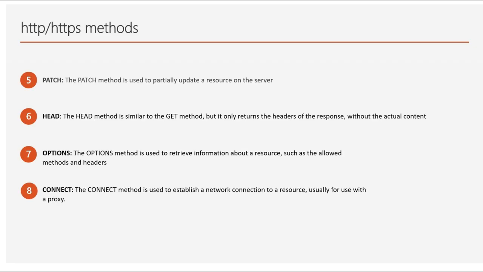I'm moving to the next. The next one is the CONNECT method. The CONNECT method is used to establish a network connection to a resource, usually for use with a proxy. Generally, when you're doing application-to-application communication, suppose from my application I'm trying to call the backend server, I want to check whether the connectivity has been established or not.